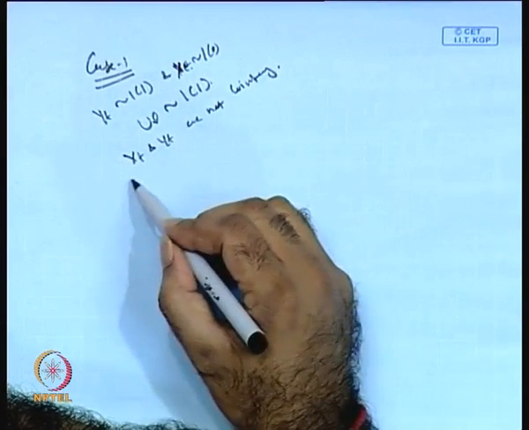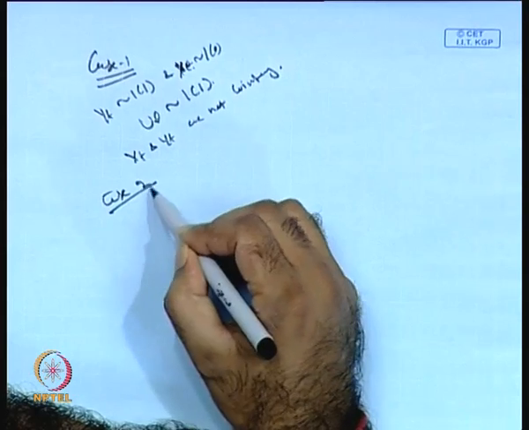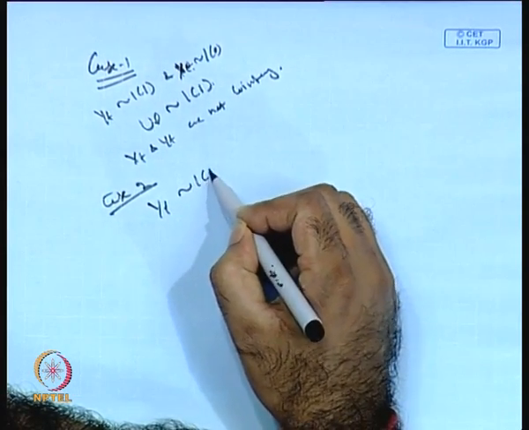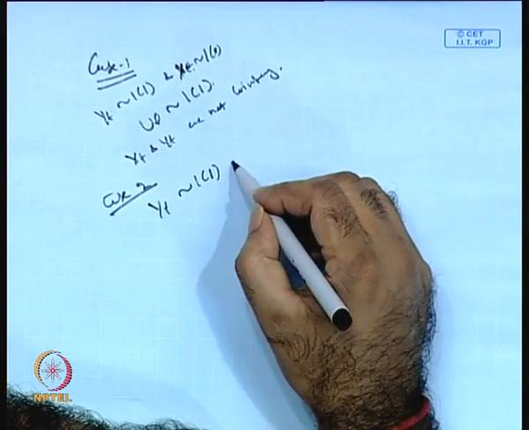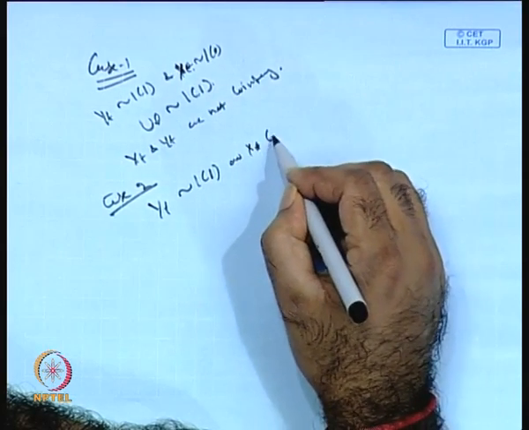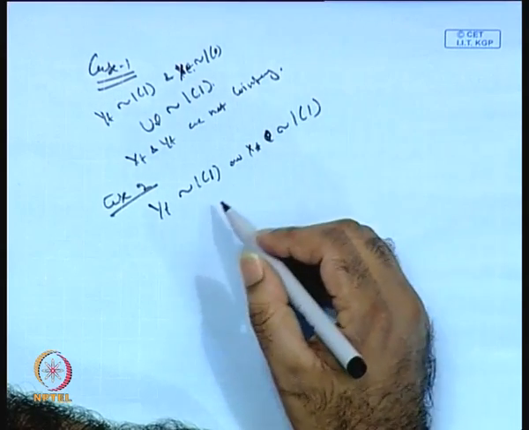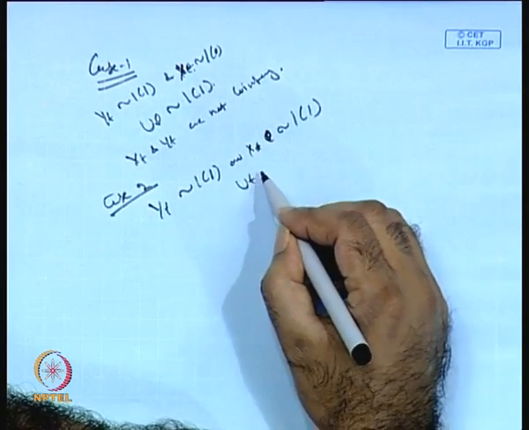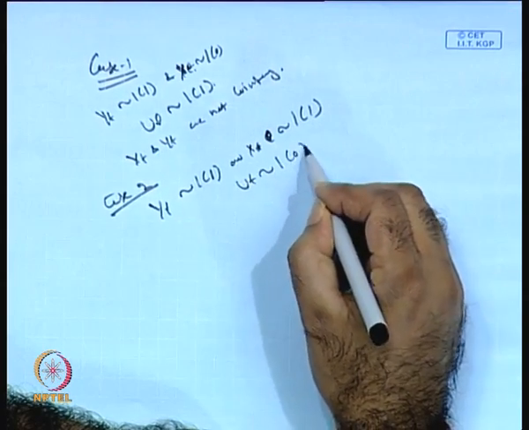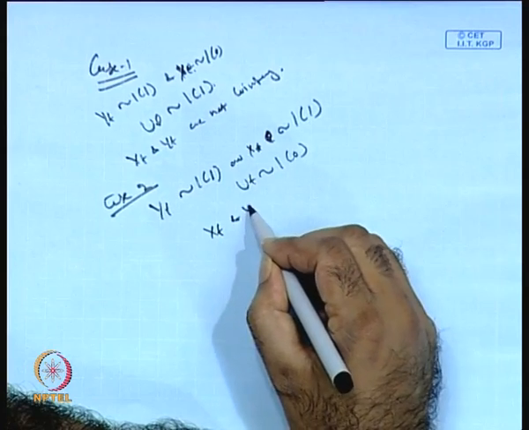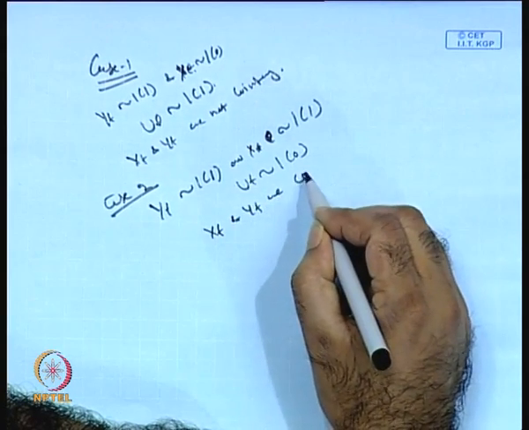This is case 1. Case 2: if y_t is integrated of order 1 and x_t is integrated of order 1, then u_t will be integrated of order 0. In that case x_t and y_t are co-integrated.